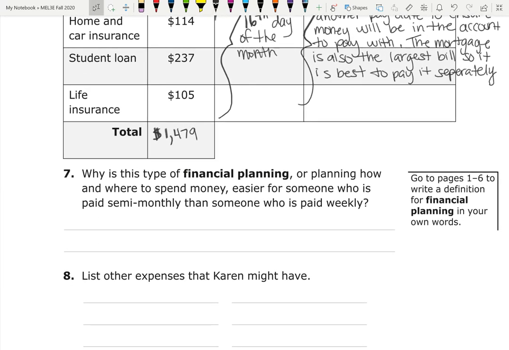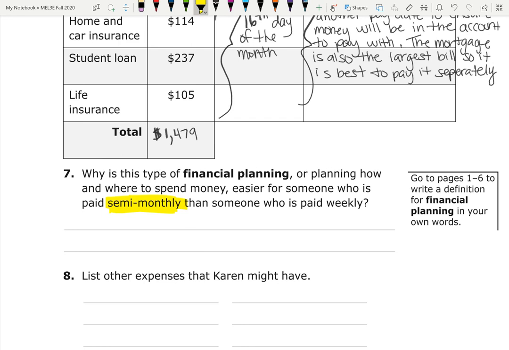Why is this type of financial planning, or planning how and where to spend money, easier for someone who is paid semi-monthly than someone who's paid weekly? Well, again, it goes back to knowing when you're getting paid. When you're paid semi-monthly, you are getting paid on the 15th and on the last day of each month.